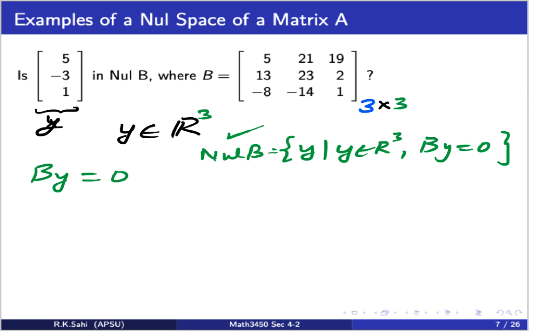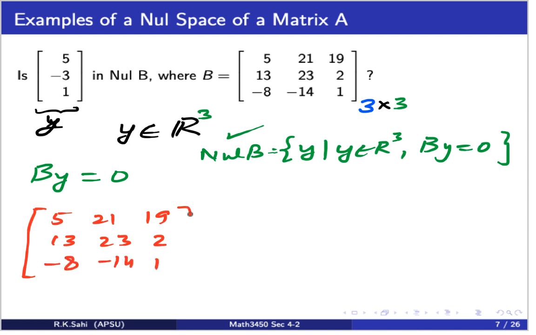Now, just go ahead and do the simple math. We write down B, which is 5, 21, 19, 13, 23, 2, minus 8, minus 14, 1, and we have 5, minus 3, and 1. Now notice the first two rows of both these matrices are the same, and are basically the previous one. So I already know the answers from the previous slide.